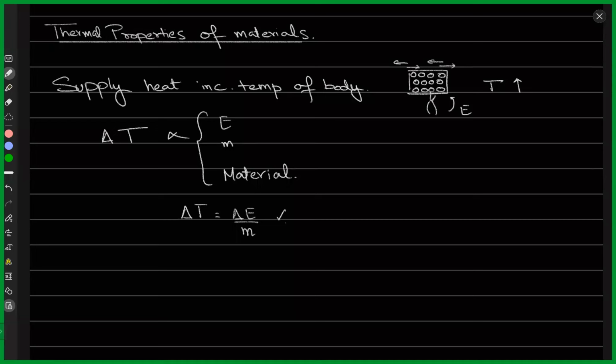Of course, you'd expect the mass to remain constant. So this equation is written as the change in energy is equal to the mass of the object, which is a constant, times the change in temperature.